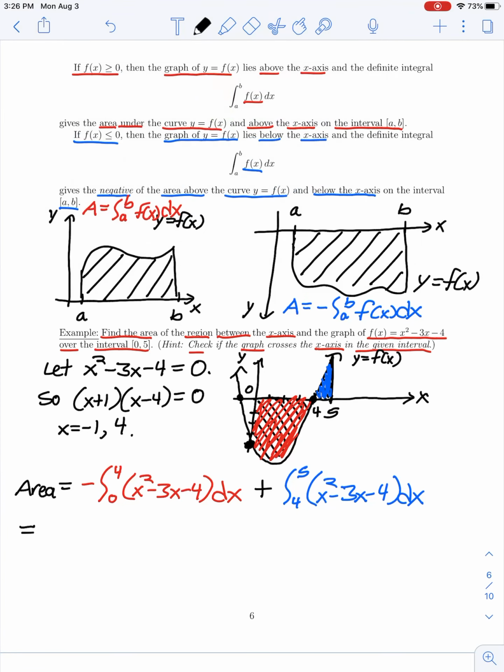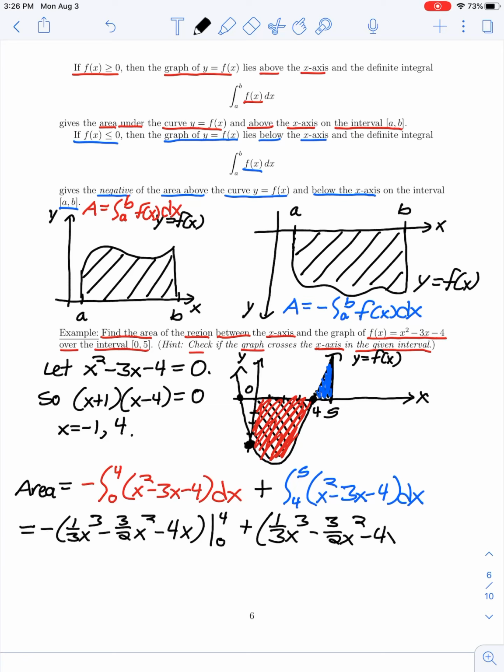Evaluating an antiderivative, for each piece we have the negative of 1/3 x cubed minus 3/2 x squared minus 4x, which is then being evaluated from 0 to 4. And then we're adding, well, we've got the same function, so the antiderivative is the same. 1/3 x cubed minus 3/2 x squared minus 4x, which is then being evaluated from 4 to 5.